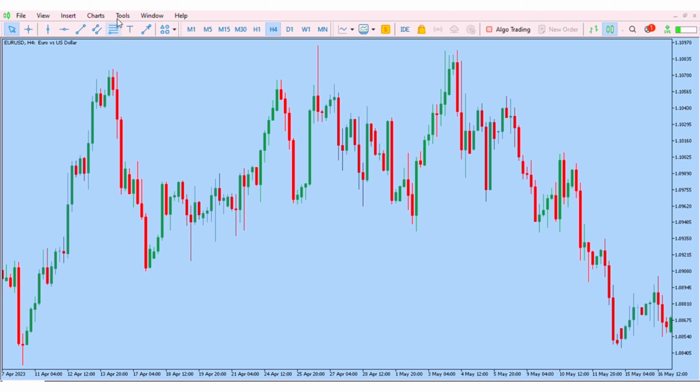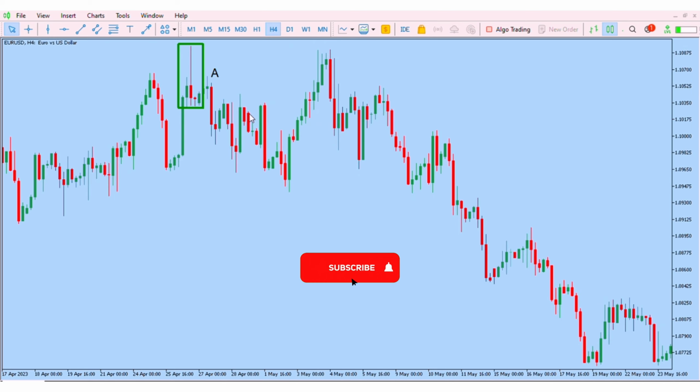First, let's make use of highlighting objects. This is our A. This is a very nice engulfing pattern.